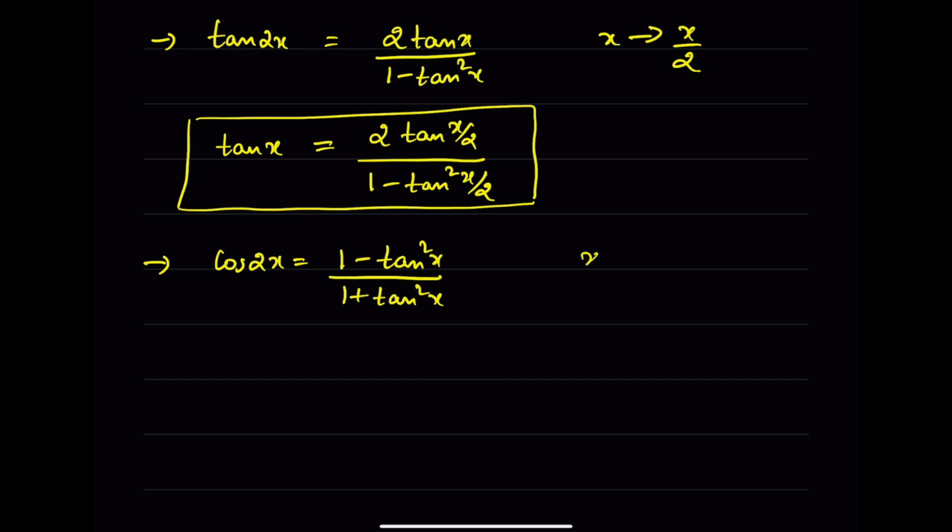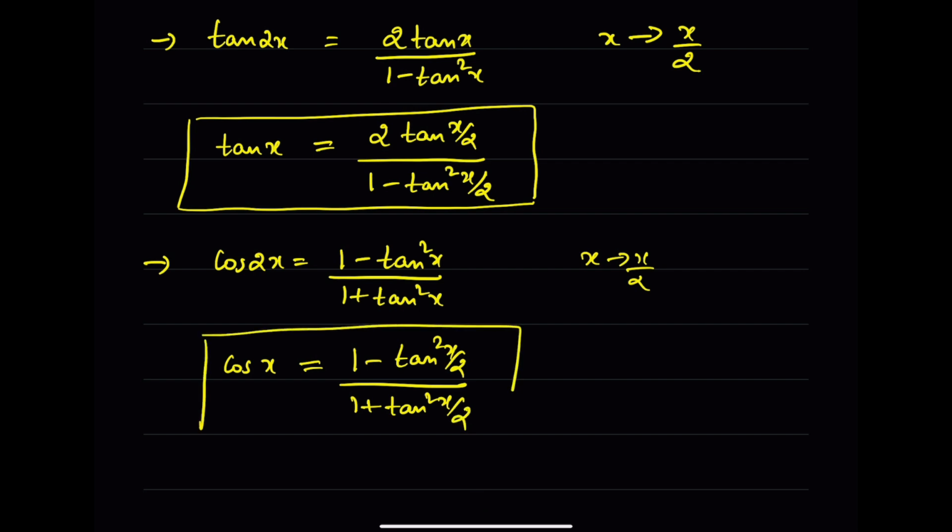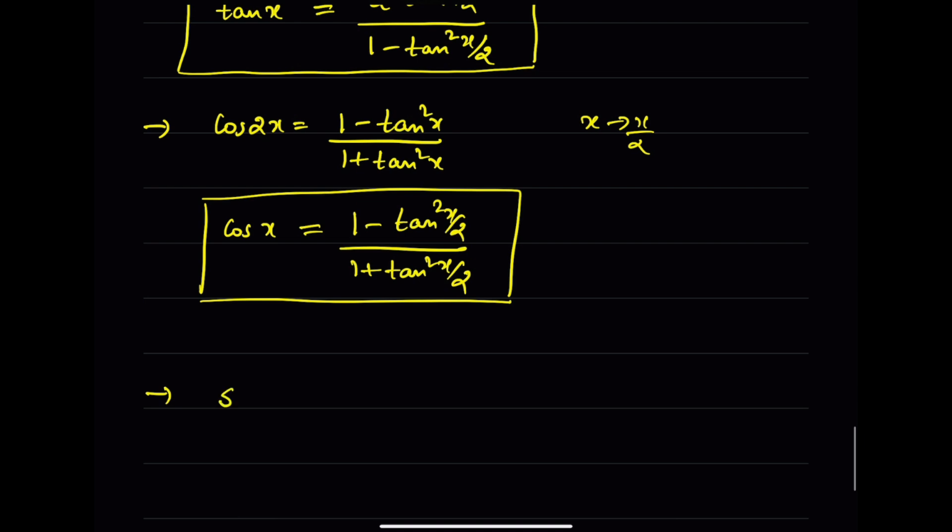So if we are replacing x with x by 2, this will change to cos x because the 2's would get cancelled. So this will be 1 minus tan square x by 2 divided by 1 plus tan square x by 2. Now similarly, we can express sin 2x in terms of tan, which is nothing but 2 times tan x by 1 plus tan square x.